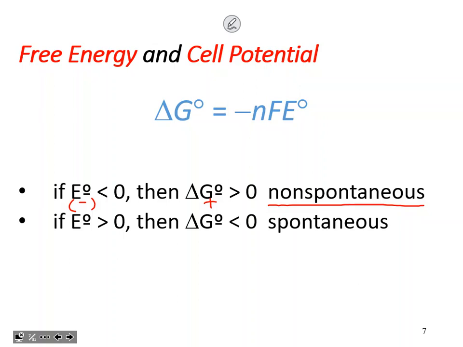But they should accept kilojoules or kilojoules per mole of reaction for the unit for delta G. Good question. And here, if the cell potential is positive, greater than 0, then delta G is negative, and this is going to be thermodynamically favored or spontaneous. So don't forget the relationship between cell potential for electrochemistry and Gibbs free energy.